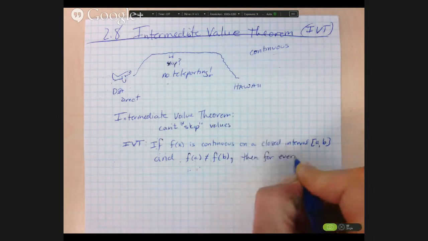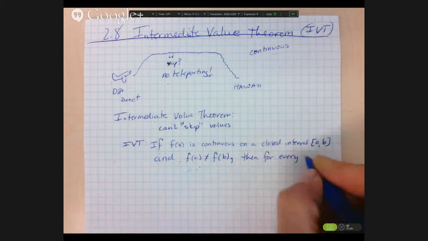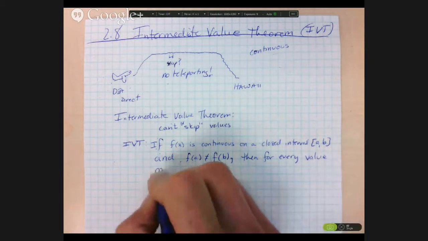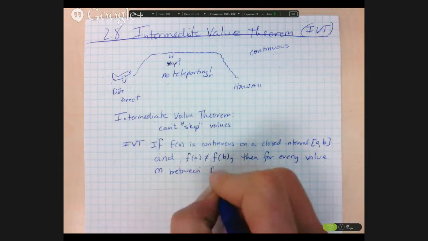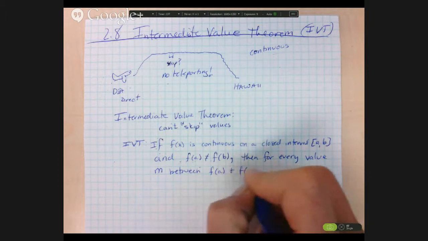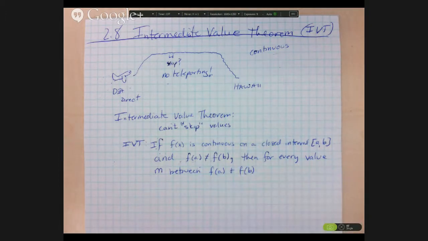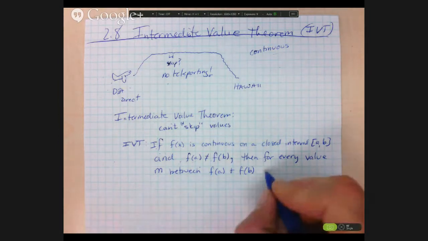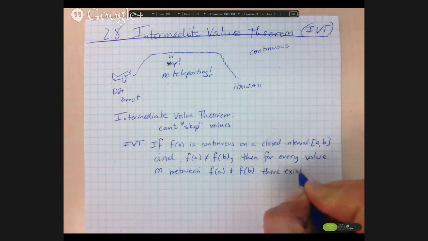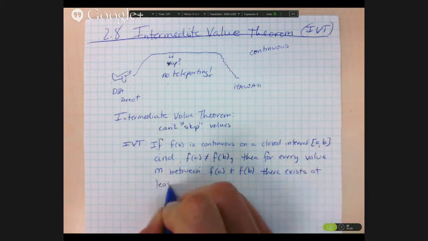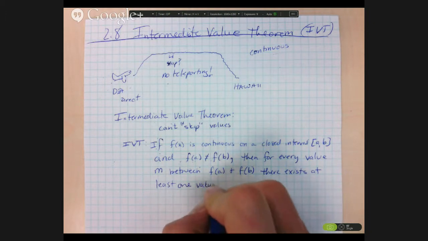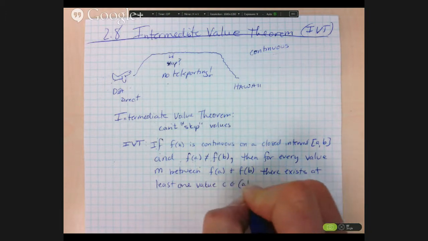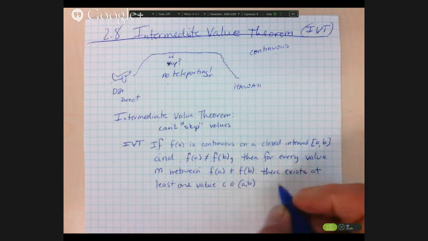for every value, they call it m, it's a y value, between f of a and f of b, there exists at least one c in an open interval (a, b) such that f of c equals m.